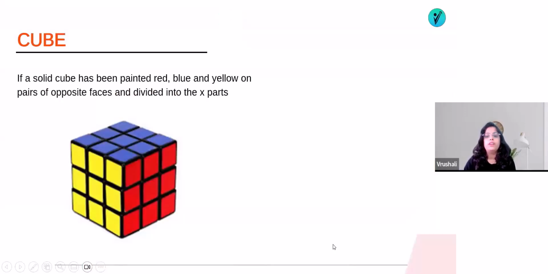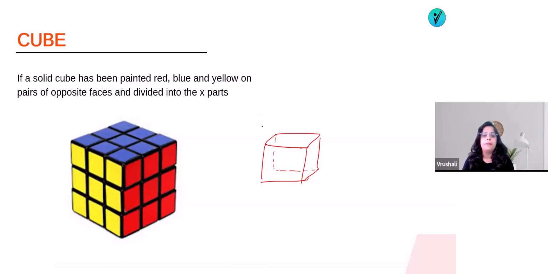So see exactly what kind of question this is. Suppose there is one cube, and this is your 3D cube, right? And that cube has been painted in 3 colors. Those 3 colors can be anything.